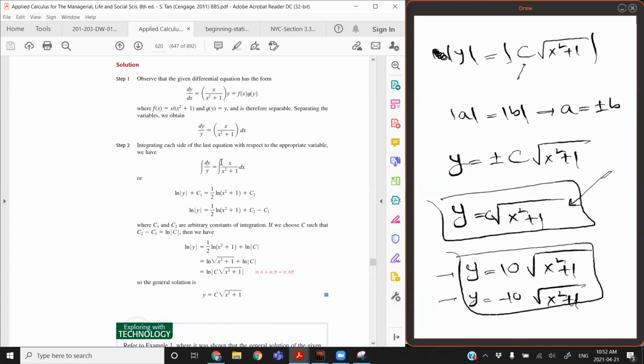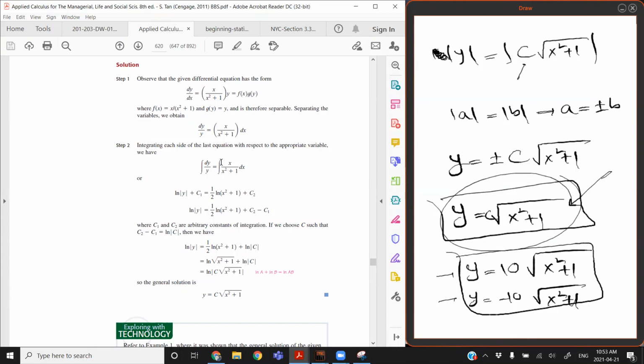If you're asked to give a particular solution, you can put any number for c and get the answer. But in most cases, you're asked for the general solution, so you have to stop here. Sometimes you're supposed to give a particular solution, but for those problems, you're given an initial condition.